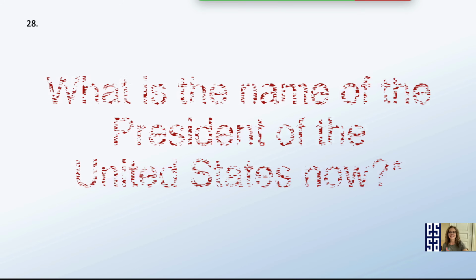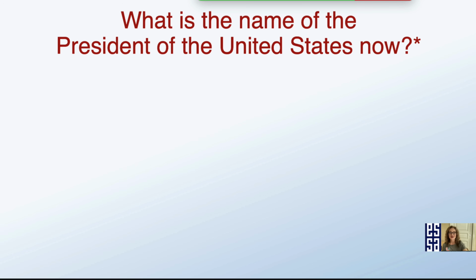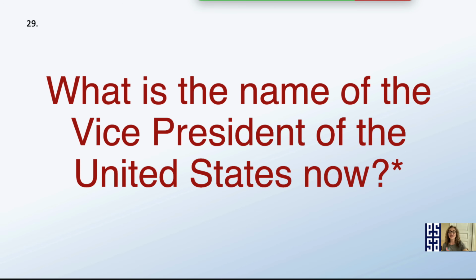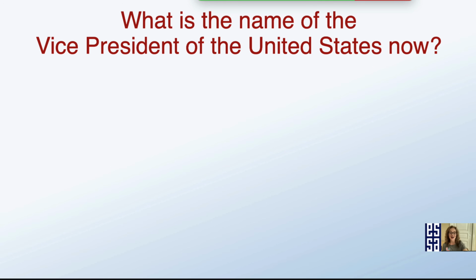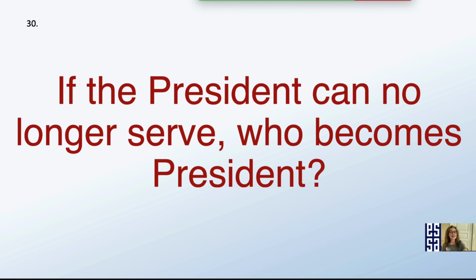November. What is the name of the President of the United States now? That is Joe Biden. What is the name of the Vice President of the United States now? That is Kamala Harris.